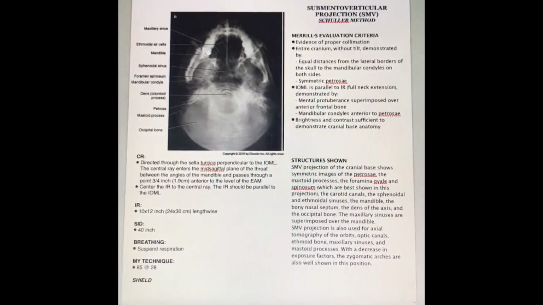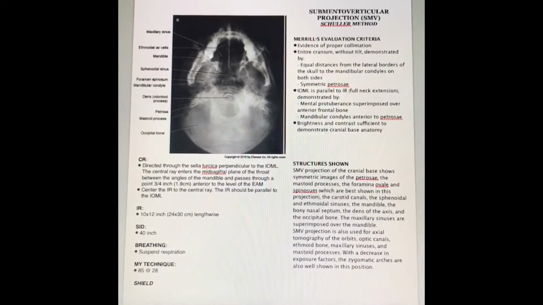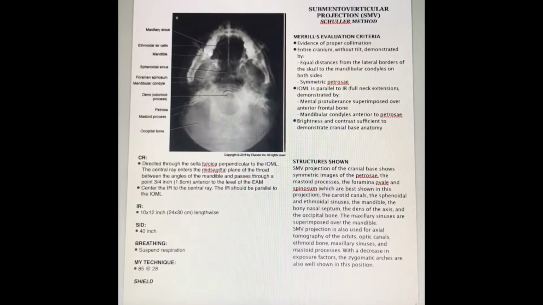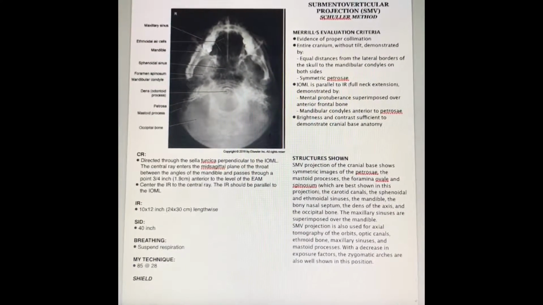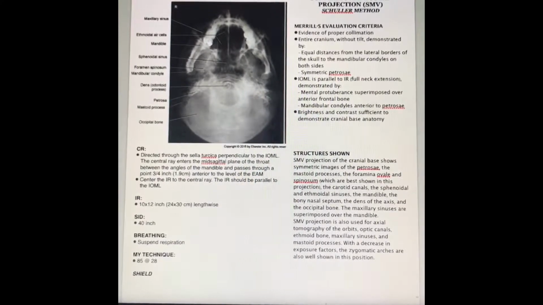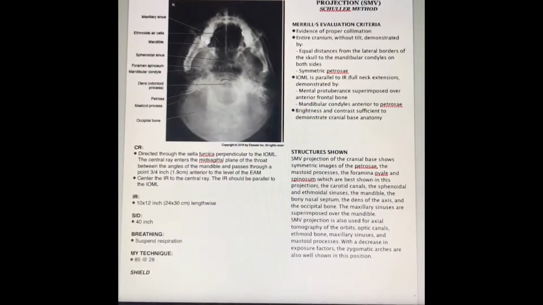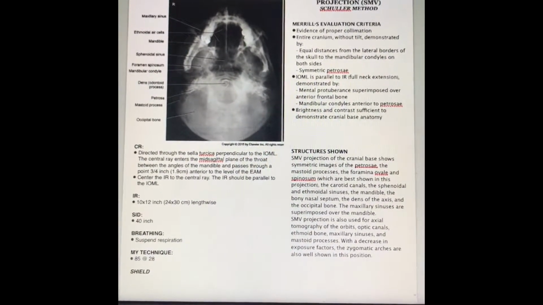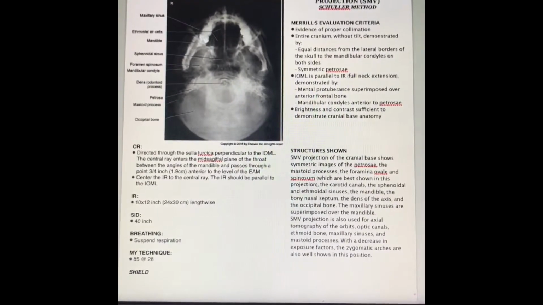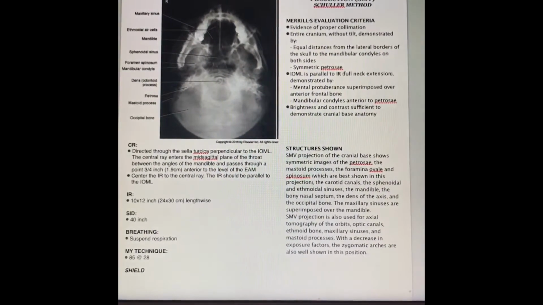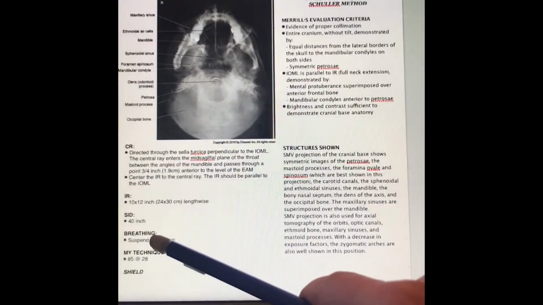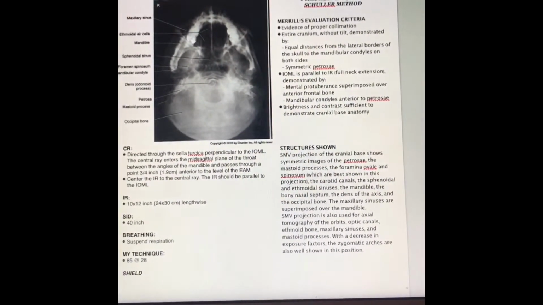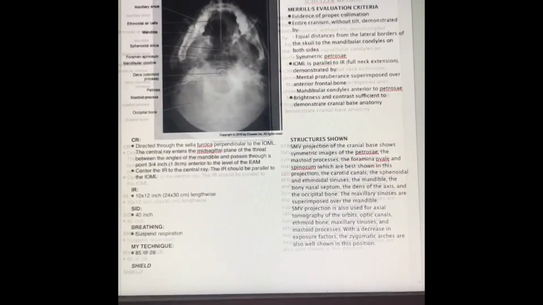The IR I used was 10 by 12 inches lengthwise. SID was 40 inches. Breathing technique was suspend respiration, and my technique was 85 kVp at 28 mAs. And we also want to shield the patient as much as possible. And I meant breathing instructions was suspend respiration.